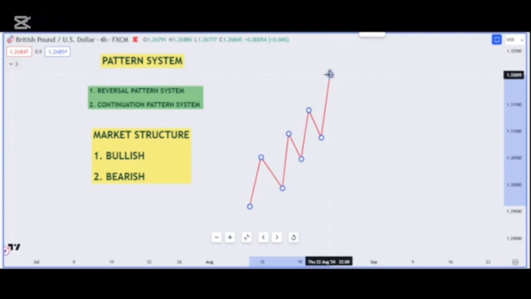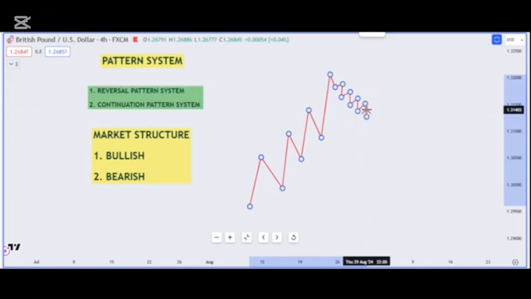Now, in a situation whereby market has been trending from this point to this point, then all of a sudden the market is now giving us a pattern like this to the downside. That is what we call continuation pattern.